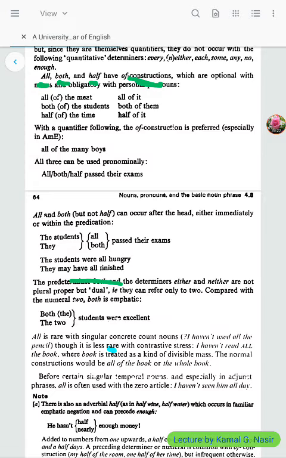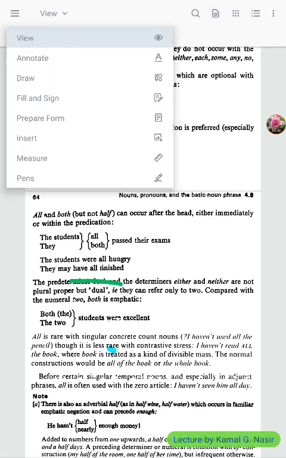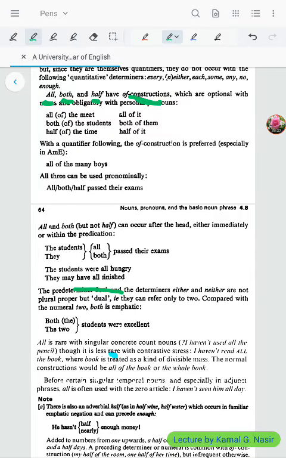We say the students all pass their exams. Here all and both may be after the head noun. You see, we say the students were all hungry. The students were all hungry, and they may have all finished.